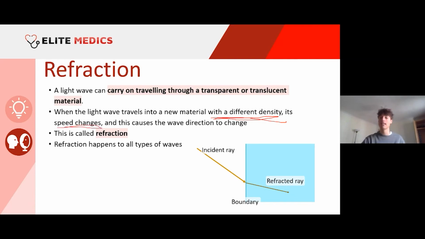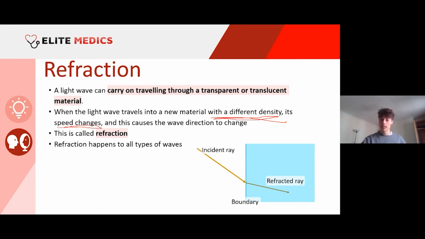Obviously, if the density of a medium changes, then the speed of light will change, because if the density increases, you can imagine there's so much more stuff in the way of light propagating, so the speed will decrease. And this will cause the wave direction to change. So this is to explain why the direction changes. It's a bit more tricky. You should just know that if there's a change in speed, there will be a change in direction for light.